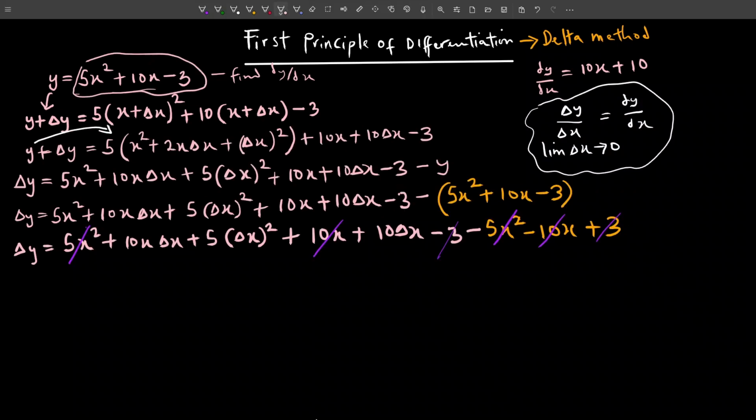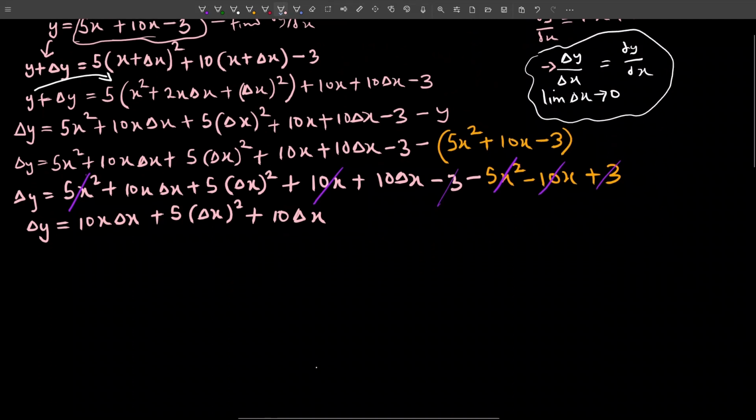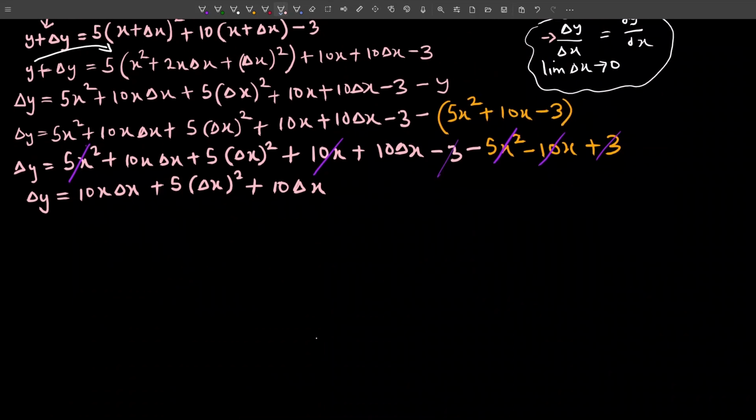So what do we have left? We have change in y is equal to 10x change in x plus 5 change in x squared plus 10 change in x. I'm trying to come about this change in y over change in x, so I can factorize out change in x.